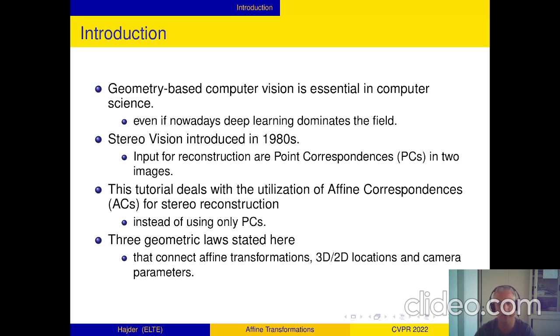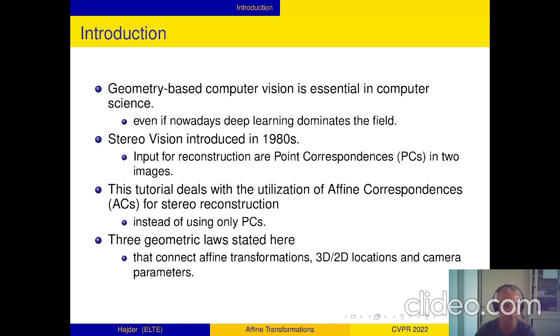And the main goal of this tutorial is how the affine correspondences can be utilized in order to do stereo reconstruction, including the spatial coordinates, surface normals, and the camera parameters themselves. And we exploit both the point correspondences and the affine correspondences, and these affine correspondences extend standard algorithms, and you will see that novel equations can be formed based on these affine correspondences.